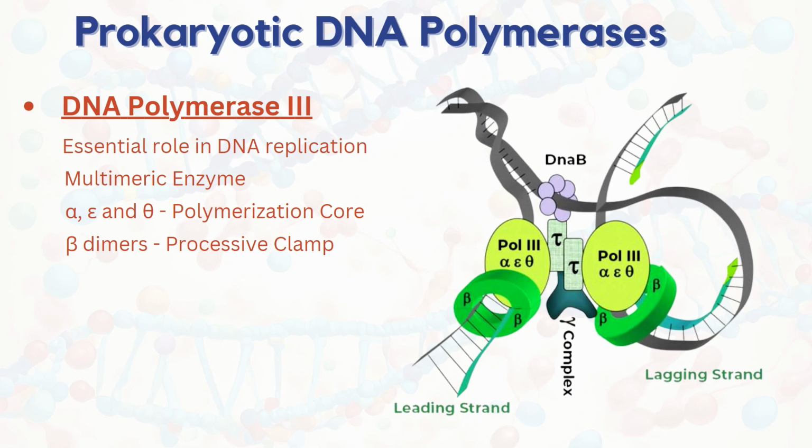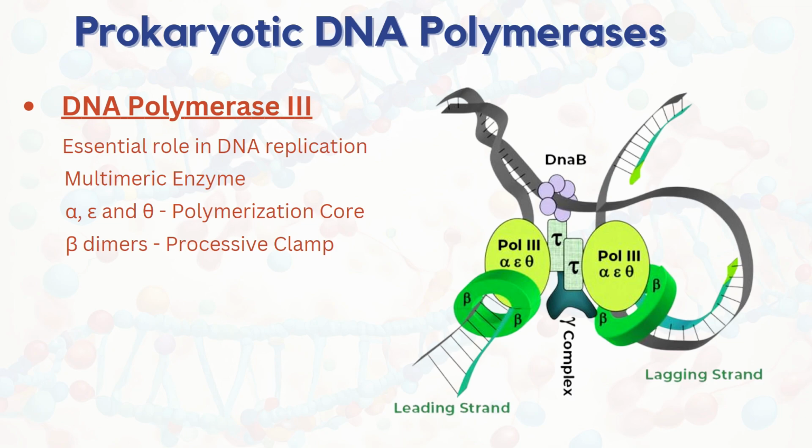It is a multimeric enzyme or holoenzyme having 10 subunits: alpha, beta, epsilon, theta, tau, gamma, delta, delta dash, chi, and psi. All these 10 subunits are needed for DNA replication. However, all these subunits have different functions.